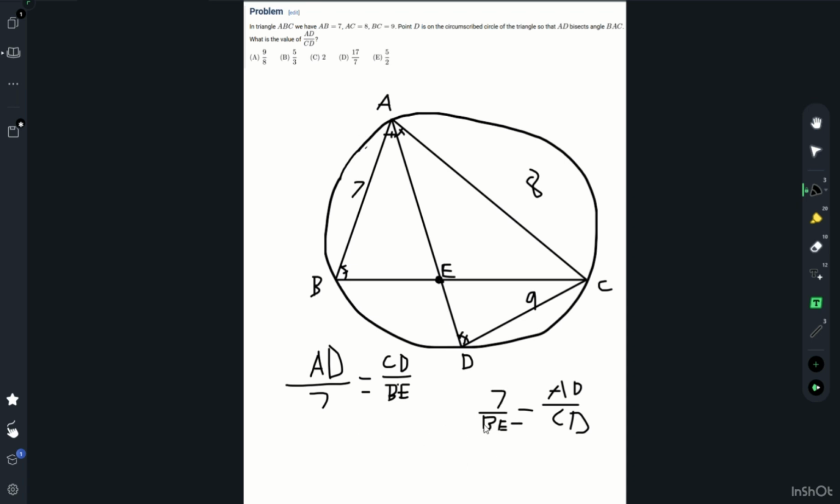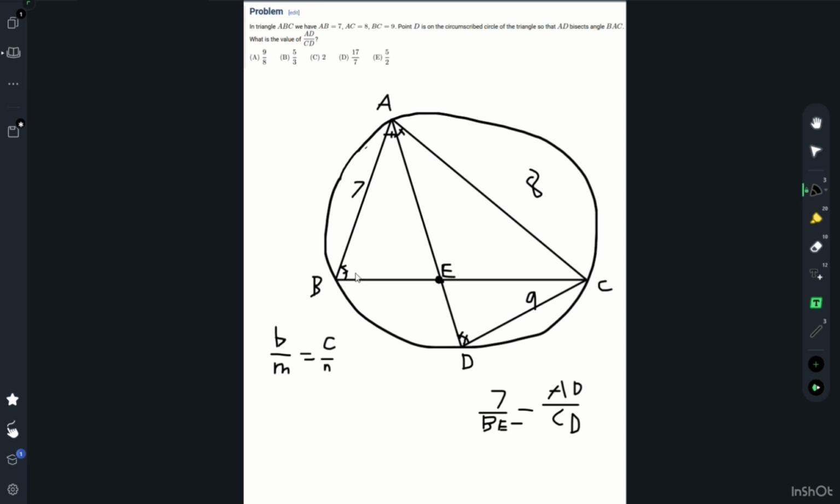As I was saying, because we have now found the similarity, we can use the angle bisector theorem I was talking about earlier. The angle bisector theorem is, as I stated, B over M equals C over N.